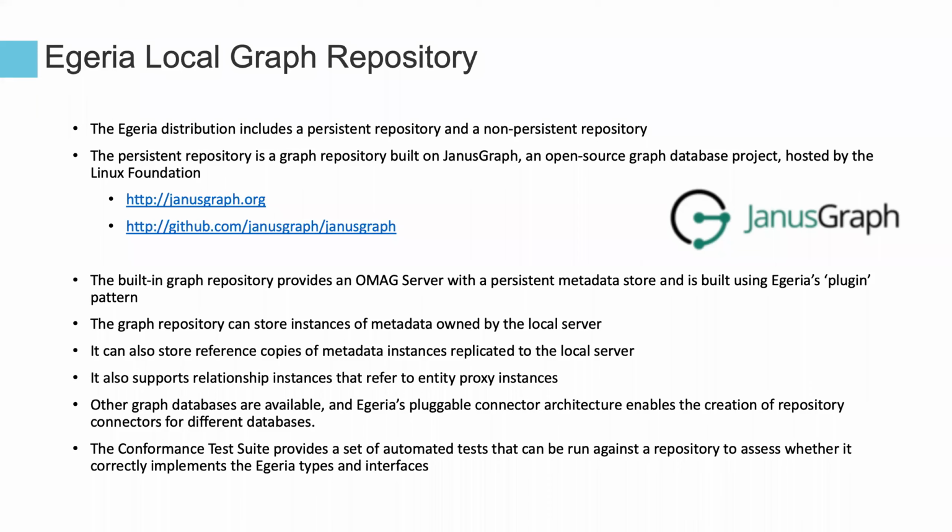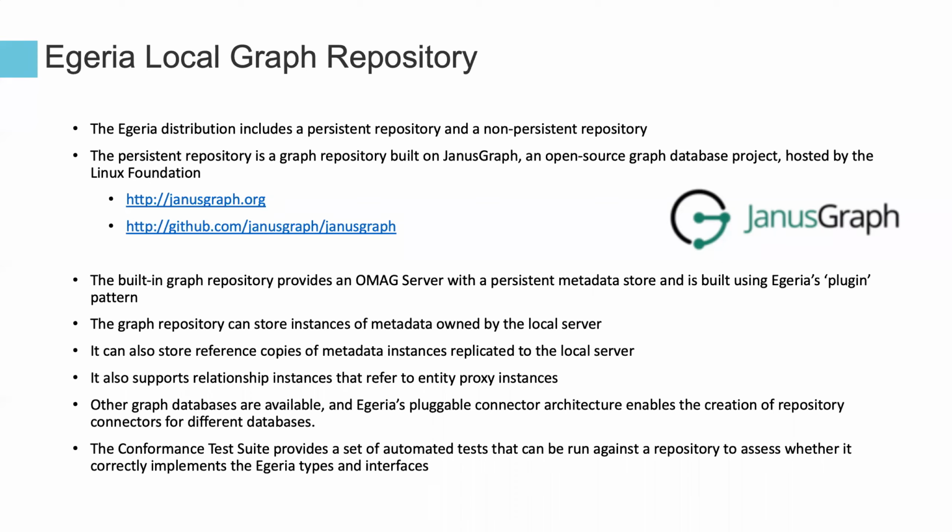And when people create connectors to databases to create new repositories or connect to new repositories, we have a thing called a conformance test suite, which runs an automated set of tests, which is, I wouldn't say entirely exhaustive, but it's pretty good. And you can run that against a repository, and it assesses whether it correctly implements the open metadata types and whether it correctly implements the metadata collection API. So it essentially gives you a score.